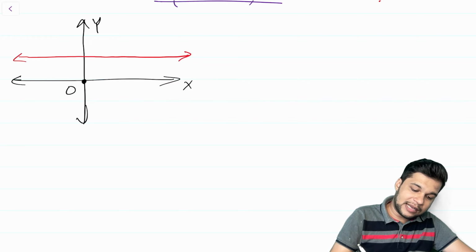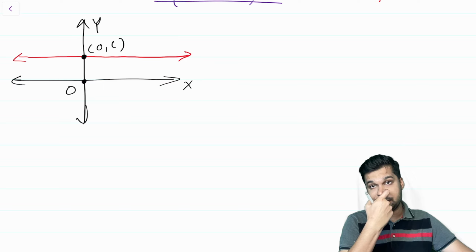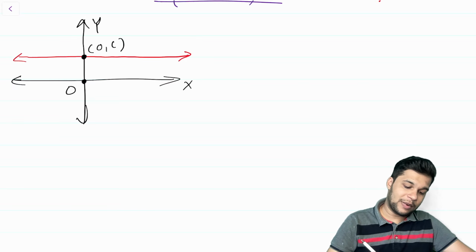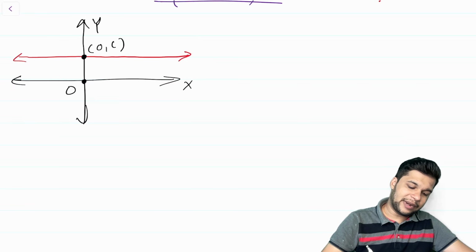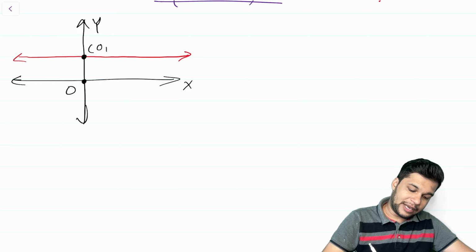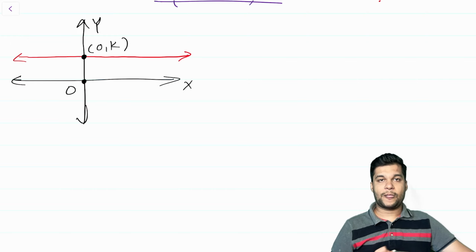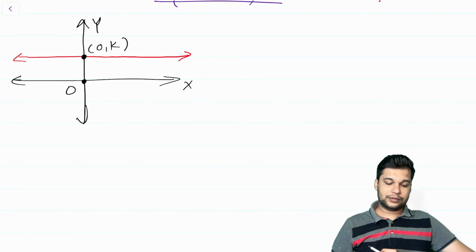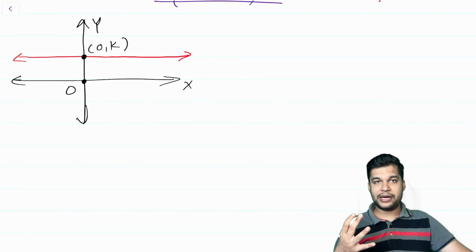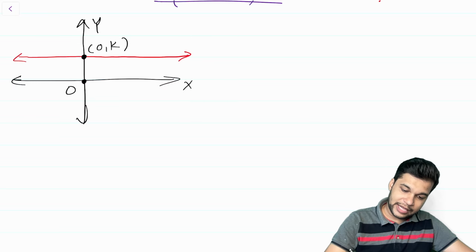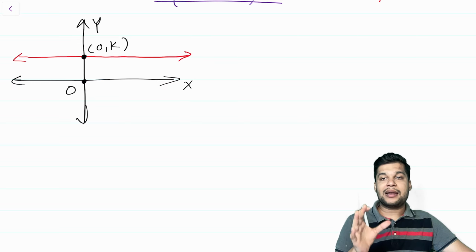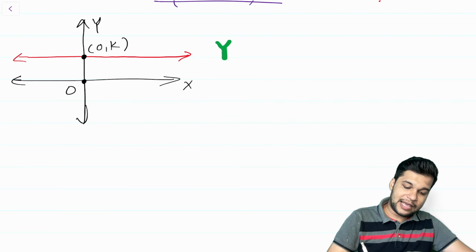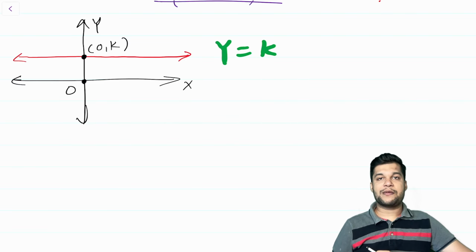Let's say it passes through a point, and the point is 0, k. The shortcut is that the equation of this line, which is parallel to the x-axis, will be y equal to k.